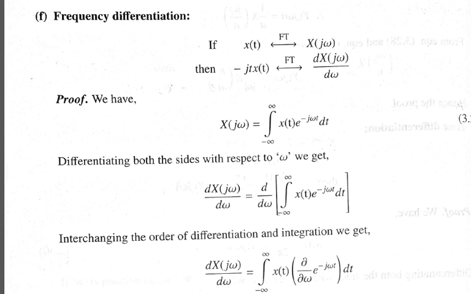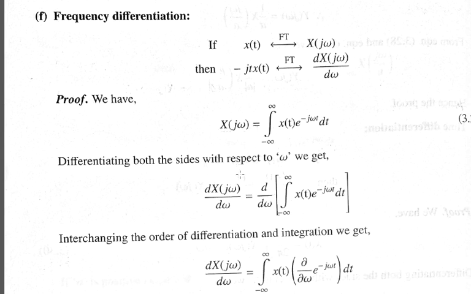So when we go for frequency domain differentiation, we consider this equation: the Fourier transform of minus j t x(t) has to be dX(jω)/dω. For this, we consider the X(jω) equation, our analysis equation.